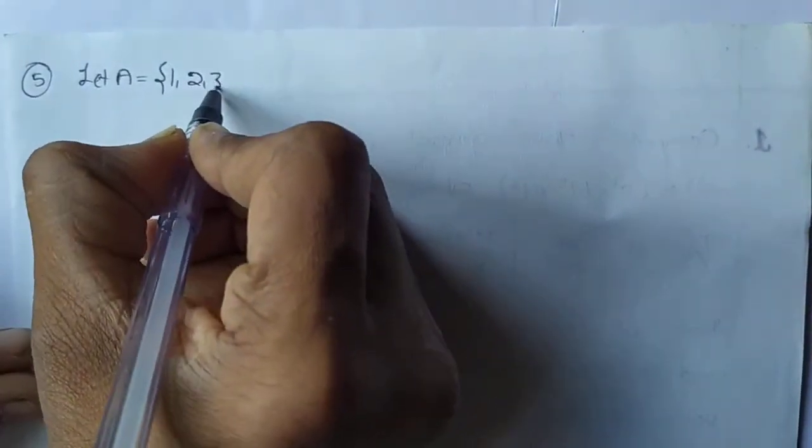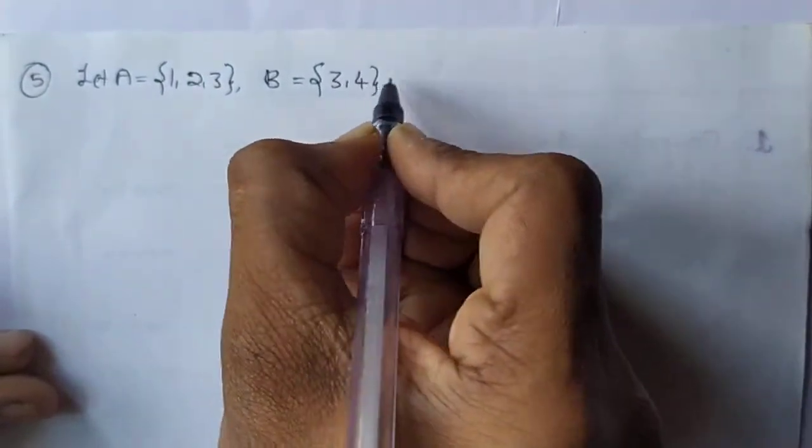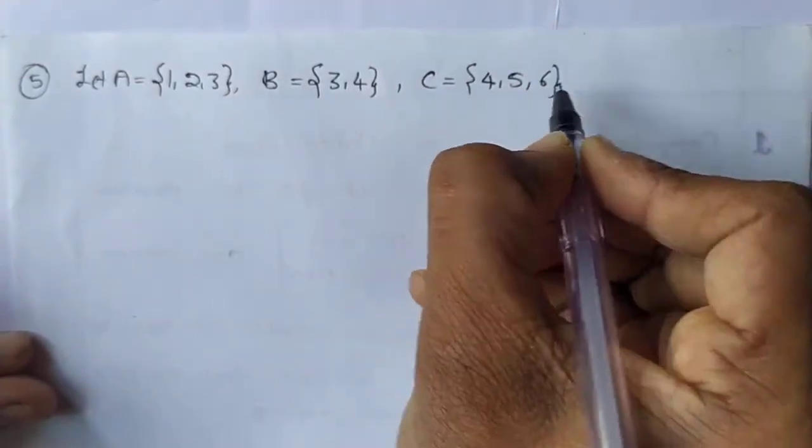Let A equals 1, 2, 3 and B equals 3, 4 and C equals 4, 5, 6.